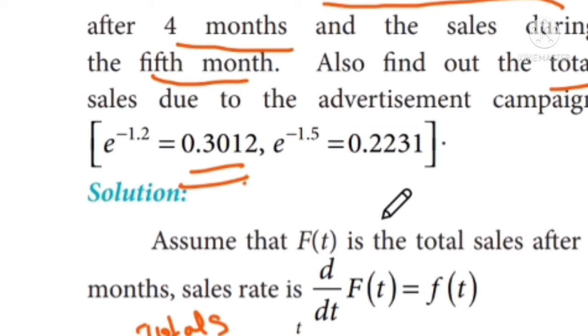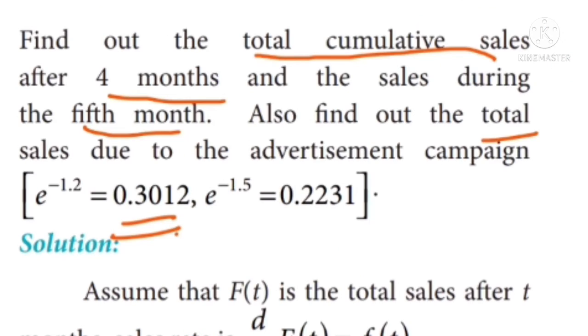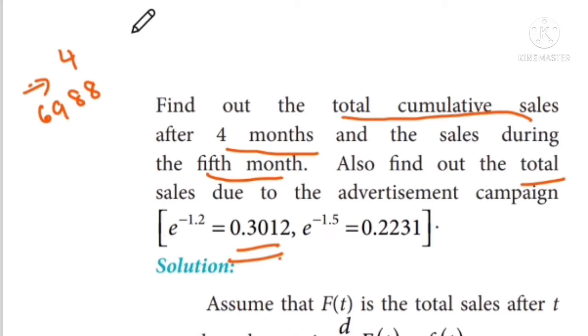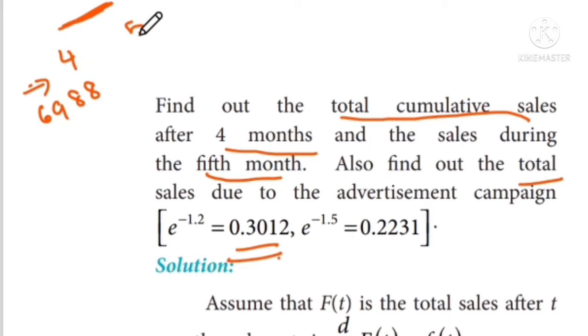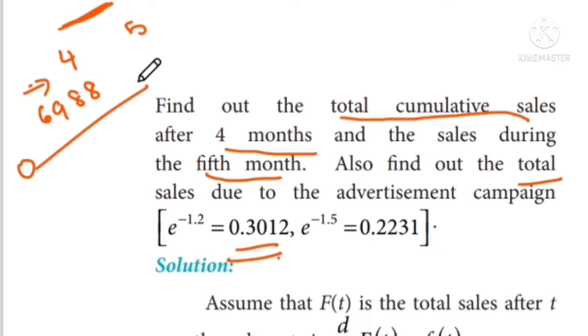Now during the 5th month, up to the 4th month we have found it is 6,988. For the 5th month, that is this gap from 4 to 5, how much is the sale? That's what they asked, after the 4th month but up to the 5th month. So one method is you can integrate from 4 to 5, or you can integrate from 0 to 5 and then subtract this.